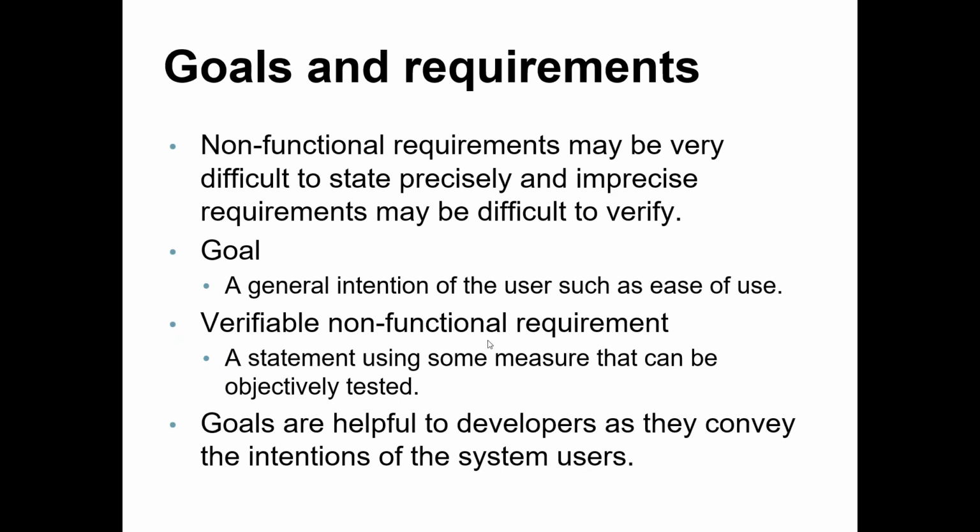A verifiable non-functional requirement is a statement that allows for some way of measuring this objective, using some measure that can be objectively tested. Goals are helpful to developers as they convey the intention of the system to the users.